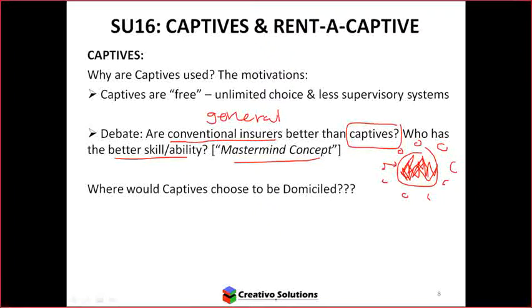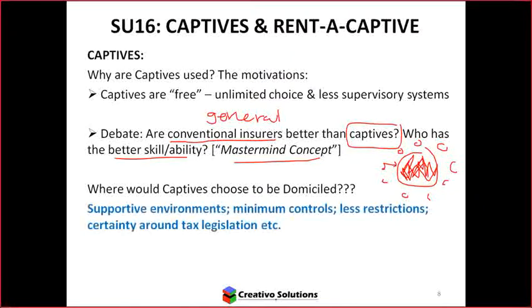Right, so where would a captive be domiciled? Where would they want to be created? In a country where there are benefits or in a country where there aren't? Where there are benefits. Right, so supportive environments, where there aren't too many controls, where there are less restrictions, where there are tax incentives perhaps.